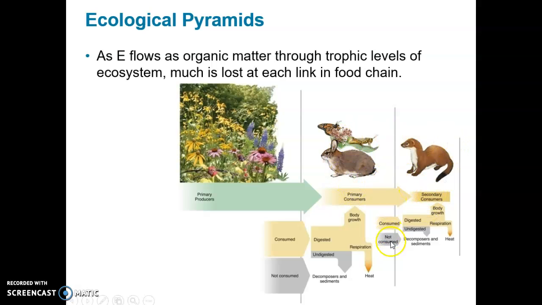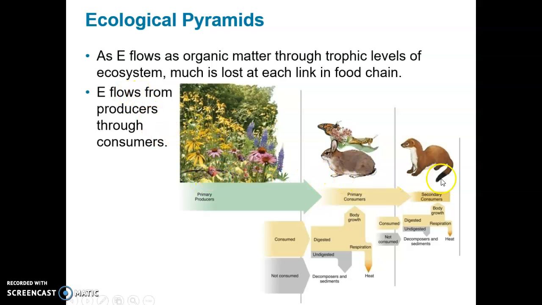When they eat primary consumers, a relatively small percentage of what they ingest is converted into growth, into their own biomass, and etc. So the amount of biomass, the amount of organic material that's transferred to each subsequent trophic level drops. Energy flows from the producers through the consumers, and only a small percentage is converted into biomass in each subsequent trophic level.